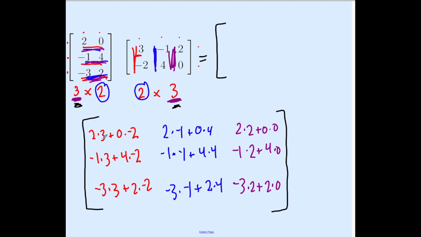So the first one, 2 times 3 is 6, plus 0 is 6. 2 times -1 is -2, plus 0 is -2. 2 times 2 is 4, plus 0 is 4.